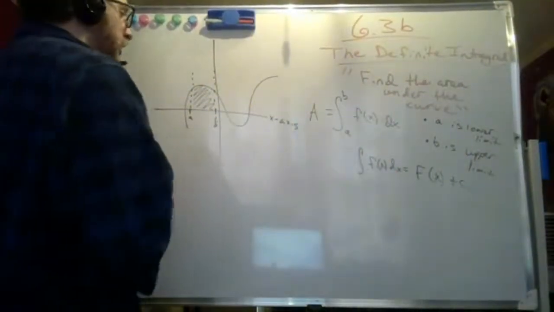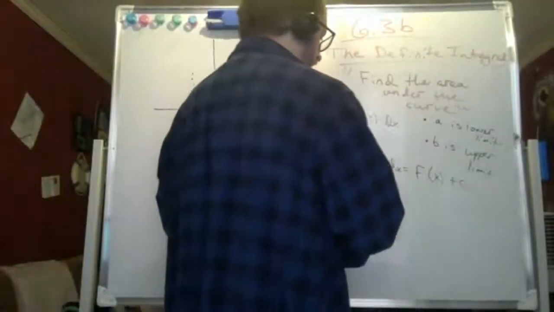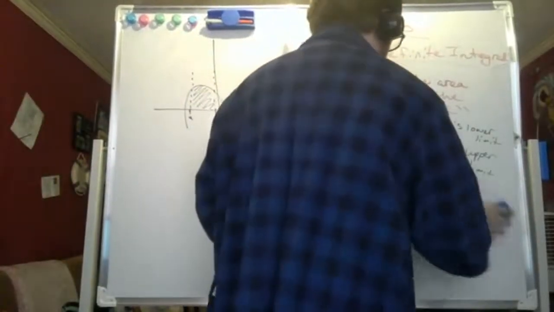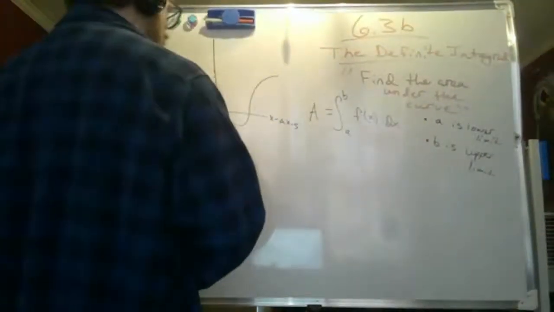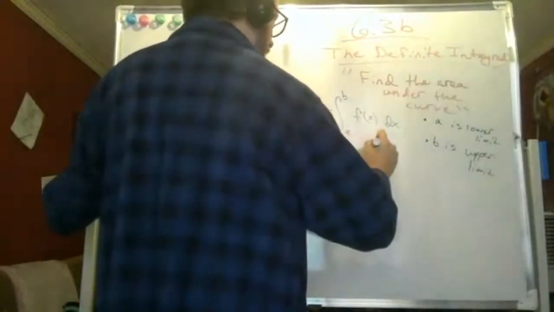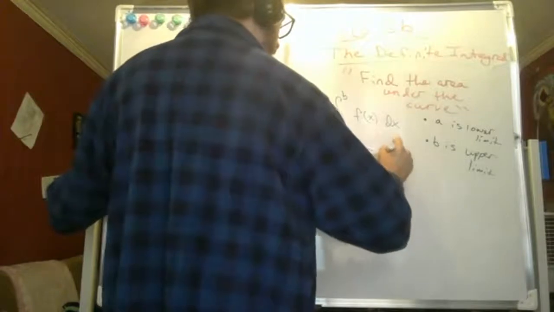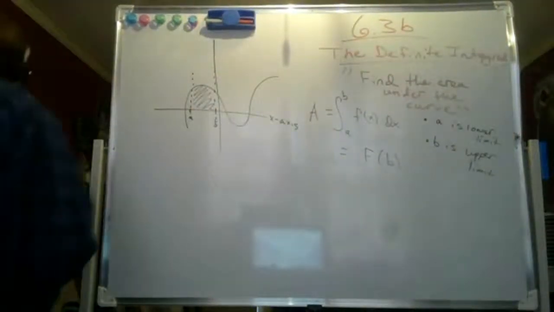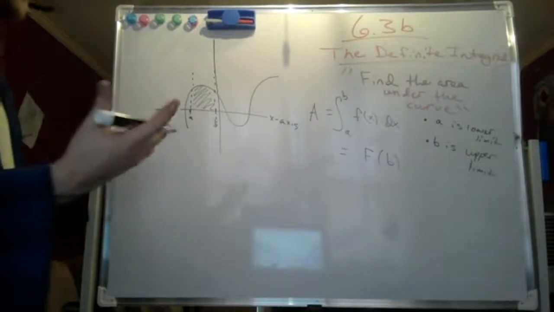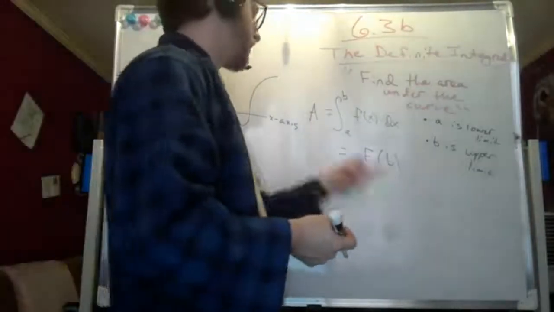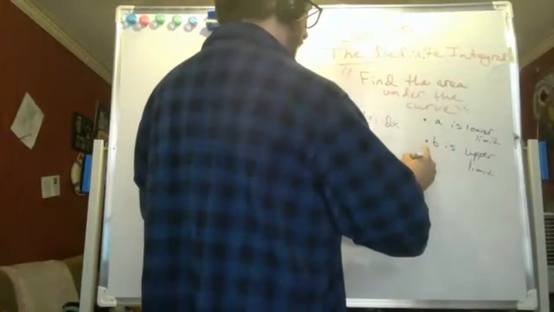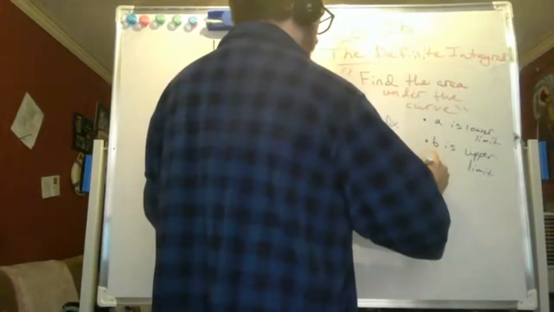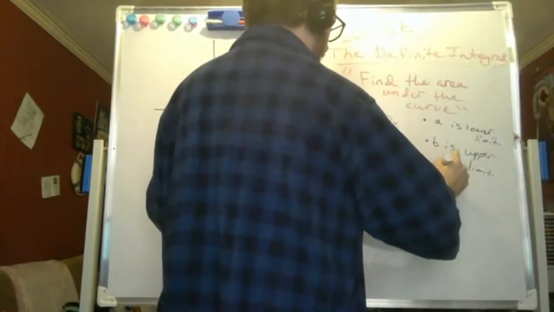Well, when you're trying to find the area, then what we end up doing is we take big F of b. Since b is the upper limit, it's the upper approximation for the area, F of b, and we'll subtract the lower approximation, big F of a.